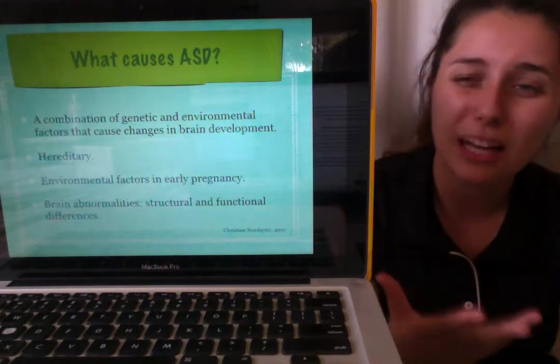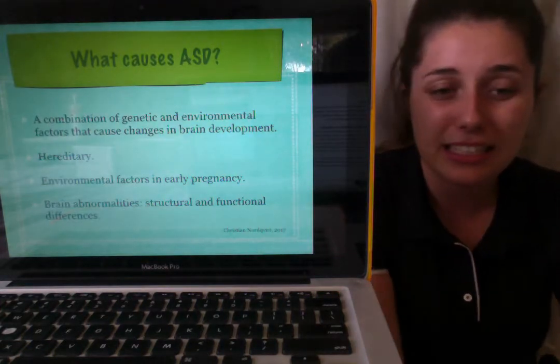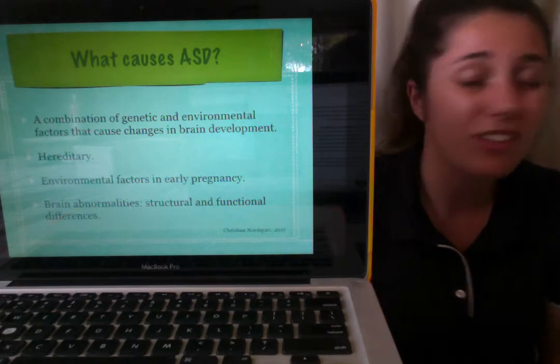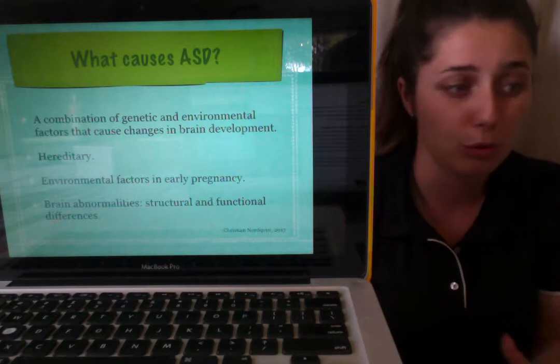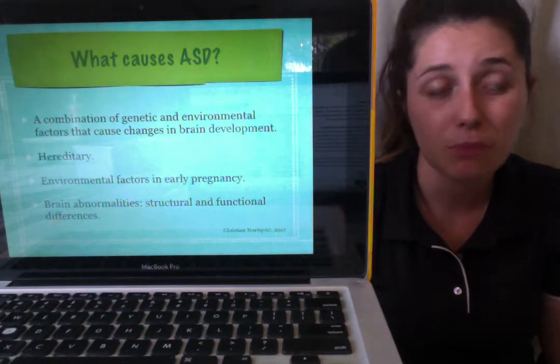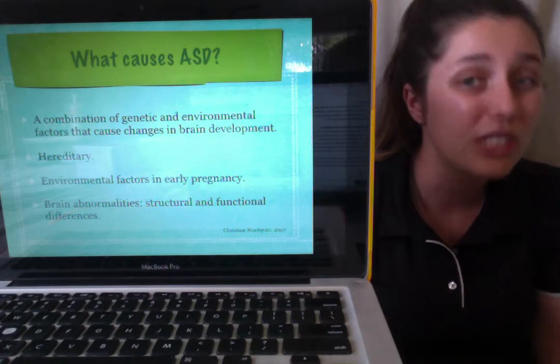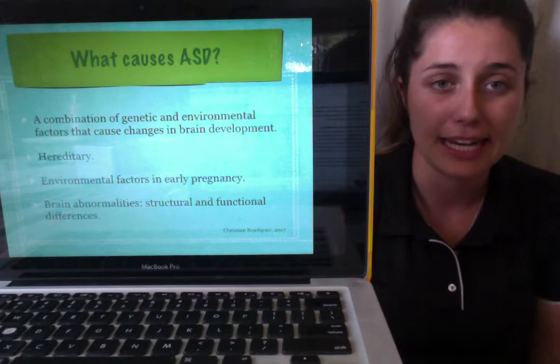So just have a look at what causes autism spectrum disorders. It's a bit of a difficult one because it's not yet been determined. We have an idea of possible, proposed possibilities of what causes it, but we haven't actually determined what exactly causes ASD.